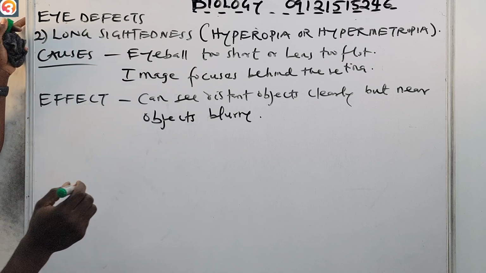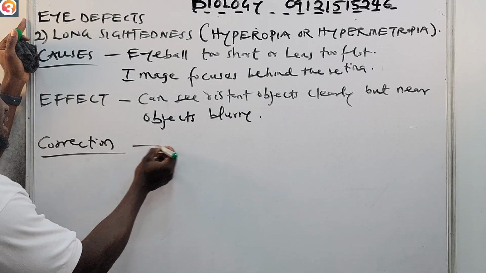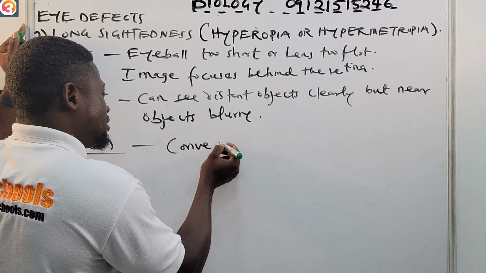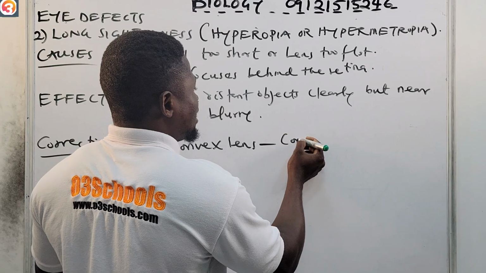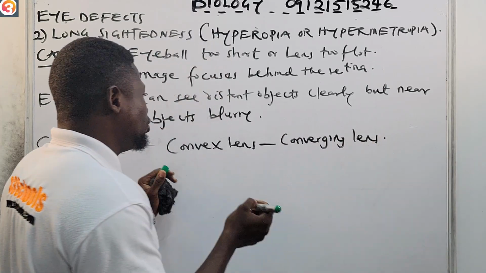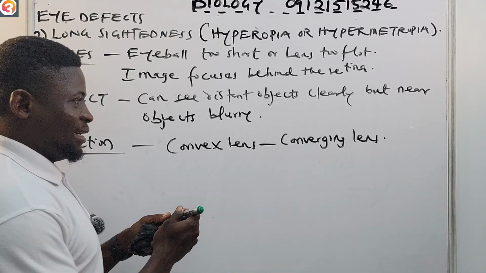And how can you correct long-sightedness? This time you do not use a concave lens, but a convex lens. This convex lens is also known as a converging lens. If you do not see convex lens, you will see converging lens. This is how it looks.